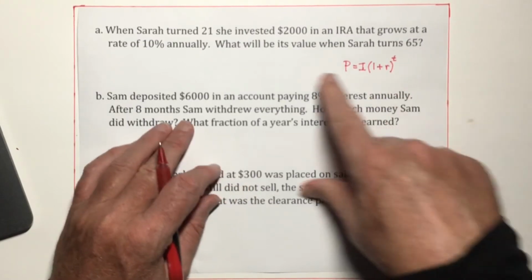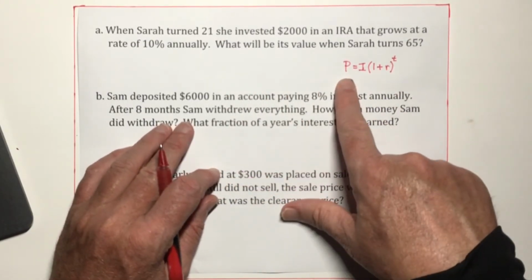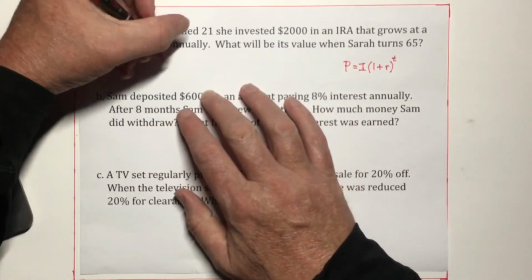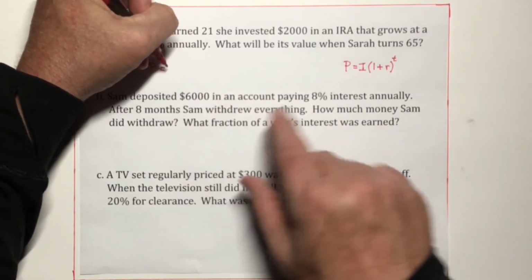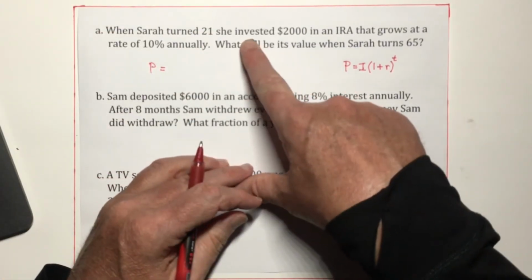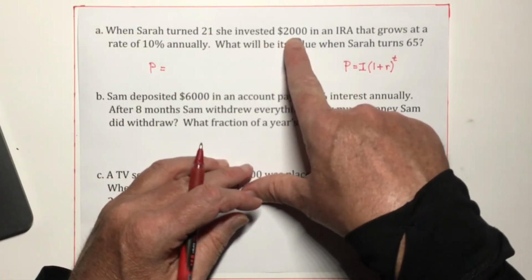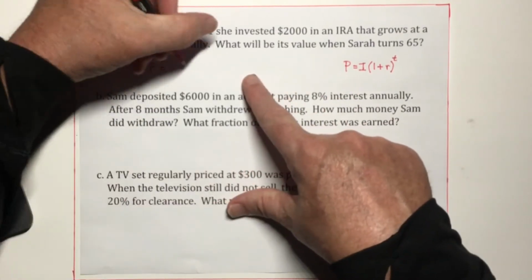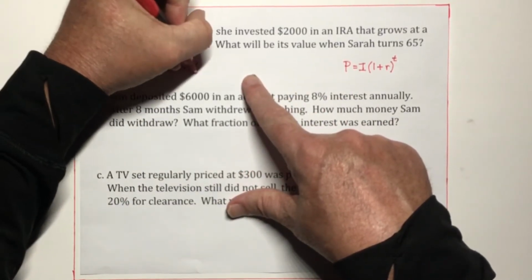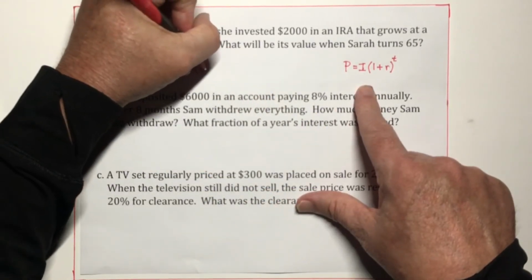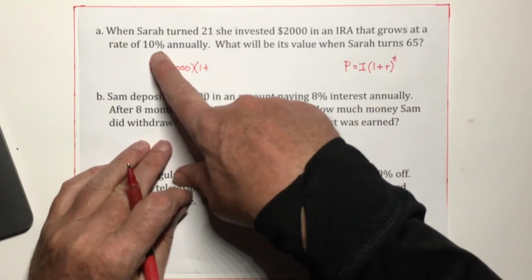All right. We're asked to find out what its value is. Well, that's the principal. We're asked to figure out what P is. So we're just going to plug in the investment, which is $2,000. Look at that, $2,000. So 2,000 times 1 plus R. Well, R is 10%.